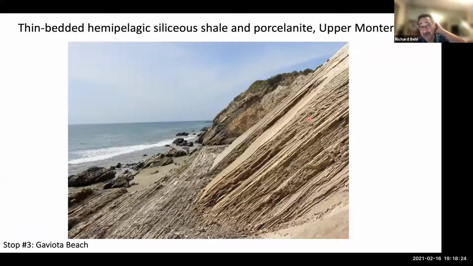So the basic rocks of the Monterey are these ones you see in the foreground, these thin-bedded, light-colored, highly siliceous shales and porcelanites. But there in the distance, there's this dark bed that's starting to catch my eye. So this is looking west from about the pier. So you climb down under the pier and you walk out to the west.